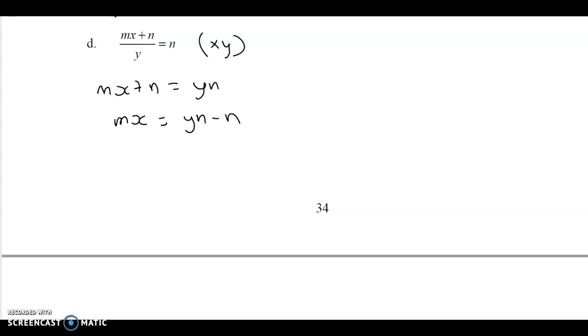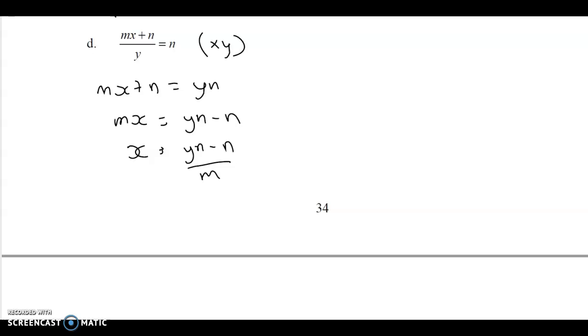And then we're going to divide by m. Okay, x is the subject.